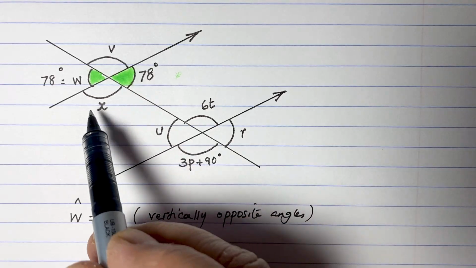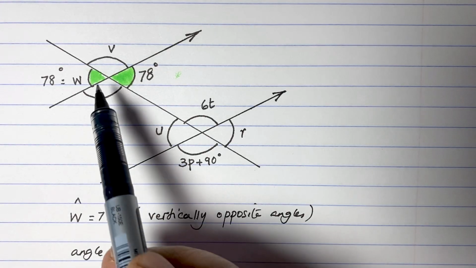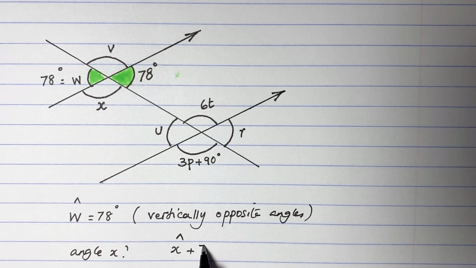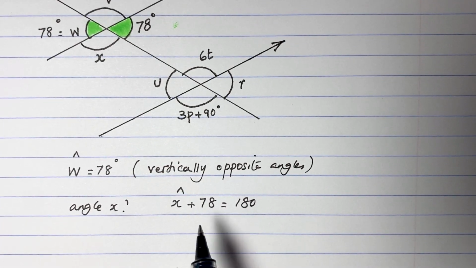Say angle X. I would say X, angle X plus 78 equals 180 degrees. Here is a real simple equation.